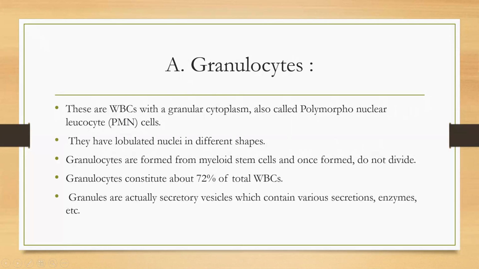They have a nucleus, and around the nucleus there is cytoplasm. When granules are present in the cytoplasm, they are called granulocytes. Here in granulocytes, the nucleus is lobulated. Lobulated means the nucleus has many lobes, and these lobes are of different shapes.